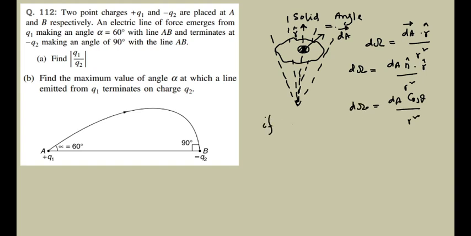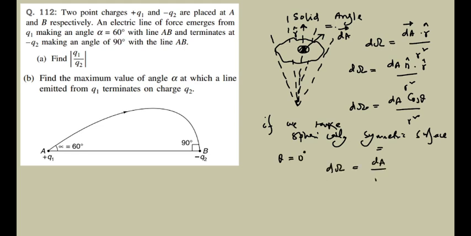If we take a spherically symmetric surface, then in that case what will happen? Theta will be equal to 0 degree. So d omega is equal to dA by r square. You should not panic because I will discuss this idea in detail again in the lecture series of Gauss law.